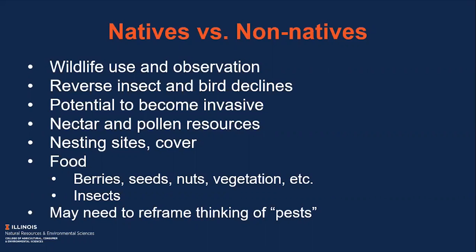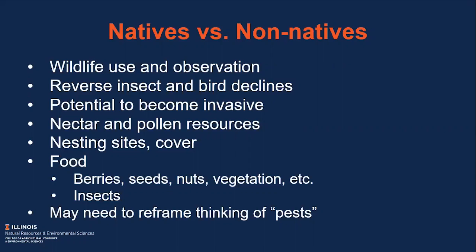But some of them do become invasive, and we definitely want to avoid the invasive ones. When you're choosing new plants, I highly encourage you to choose natives because they're going to have the most wildlife value. Non-native plants just haven't co-evolved with the native animals and insects, so they don't really provide as many resources that are used by native insects and songbirds and other wildlife.